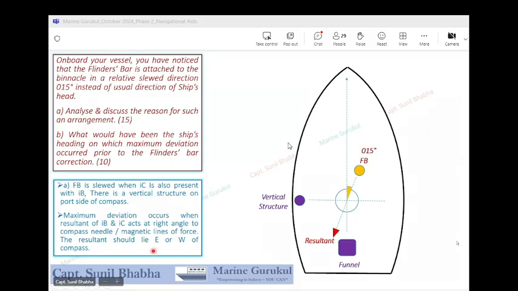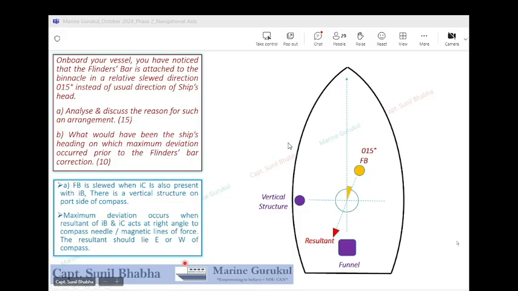Maximum deviation because of any force or magnetic field occurs when that force, in our case the resultant of IB and IC, which is represented by the red arrow, acts at right angles to the compass needle, or at right angles to the magnetic lines of force which run in the north-south direction.